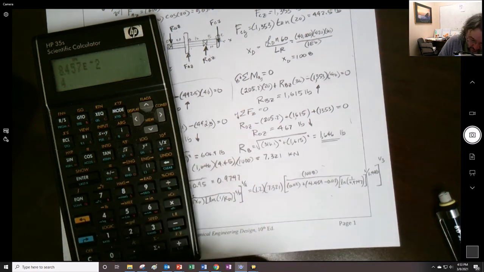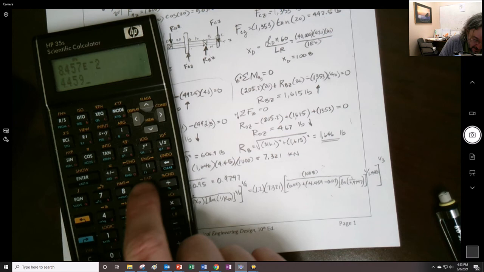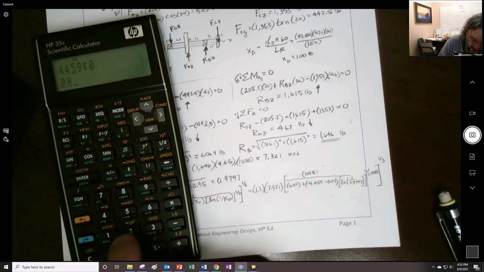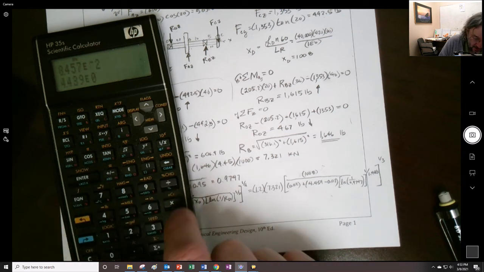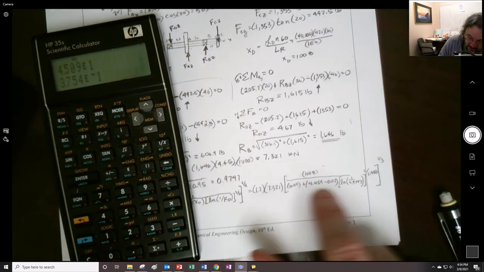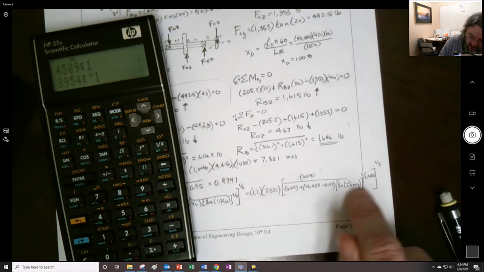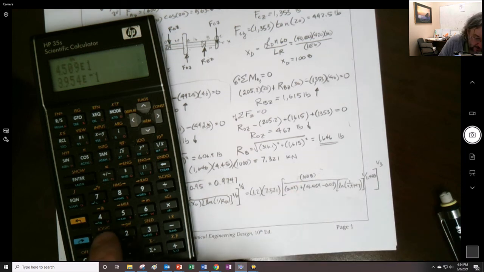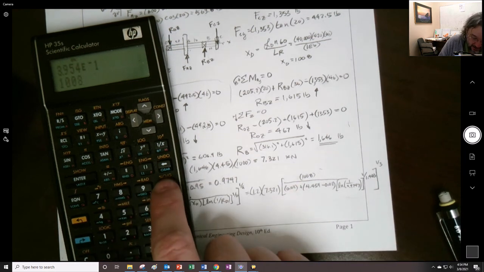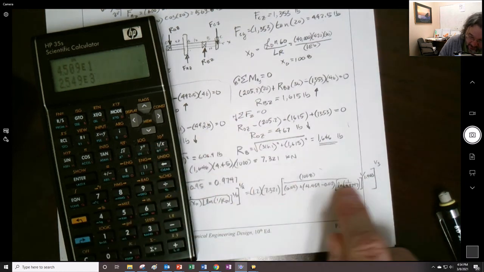Then I take 4.459 and subtract out the 0.02, multiply those two things by each other, and add in 0.02, and now I have the denominator, and now I have a 1,008. I divide and then flip it over. So now, okay.